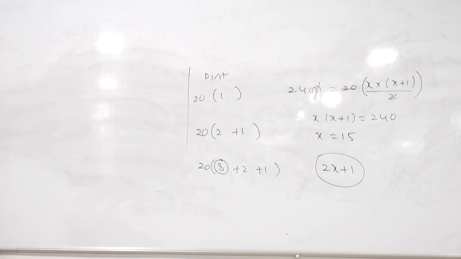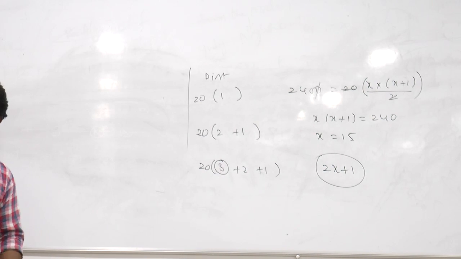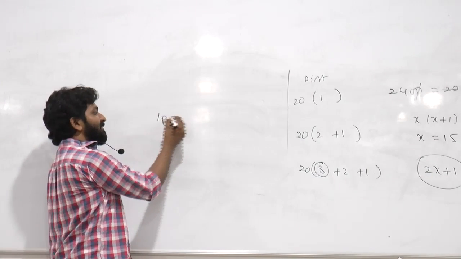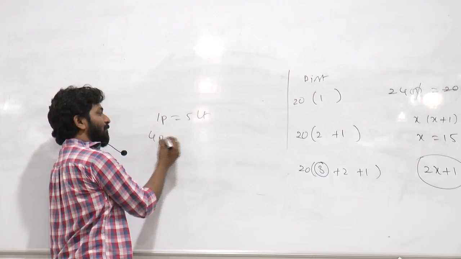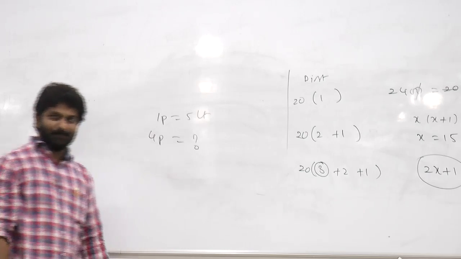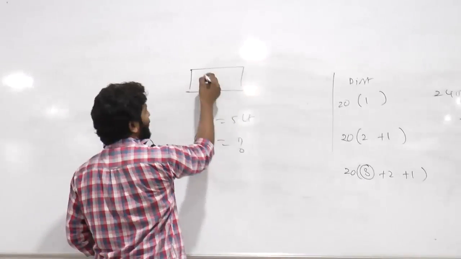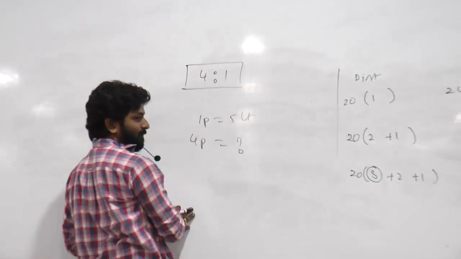How much? 20. 1 part is equal to 5 liters, 4 parts is equal to how much? 20 liters. Simple answer.